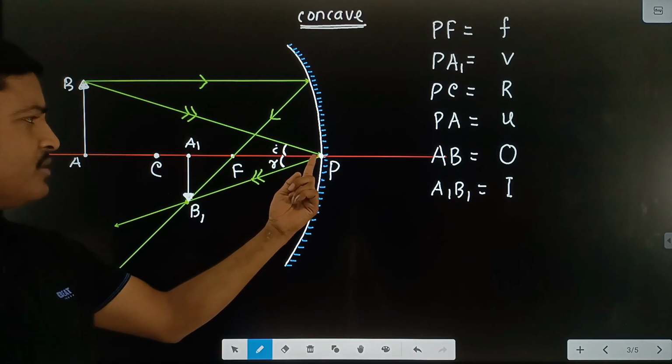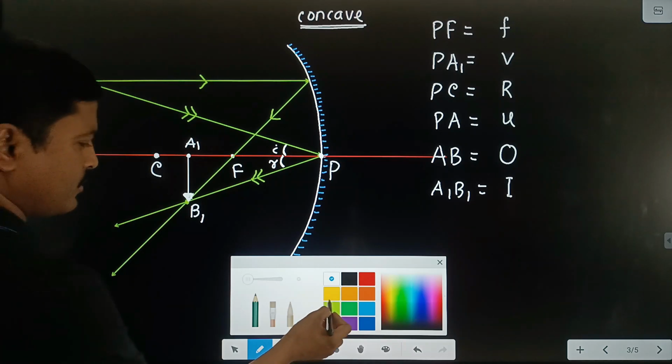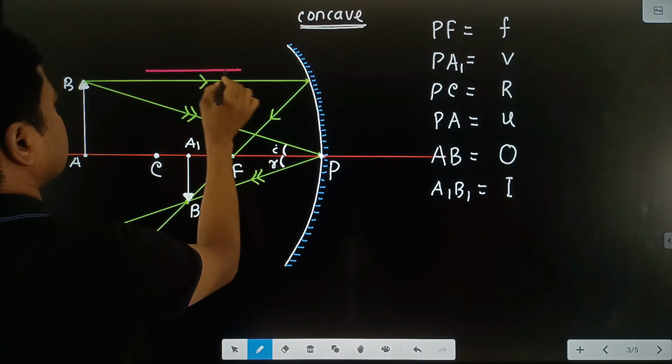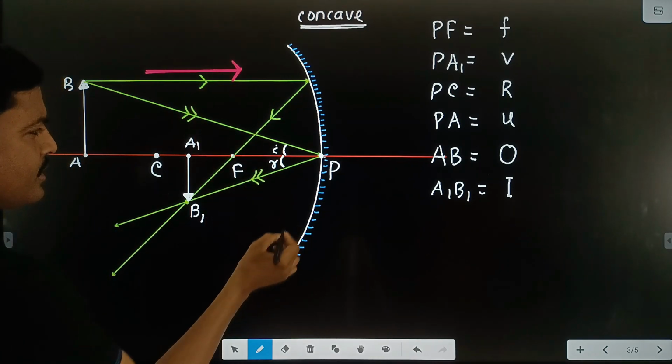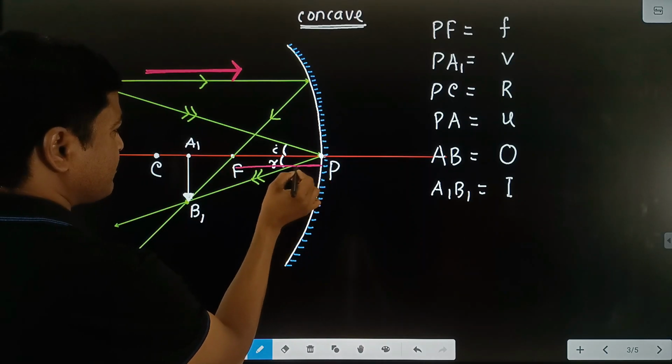First one, PF. This is the direction of the incident ray. Clear? And we measure PF, P to F, not FP.